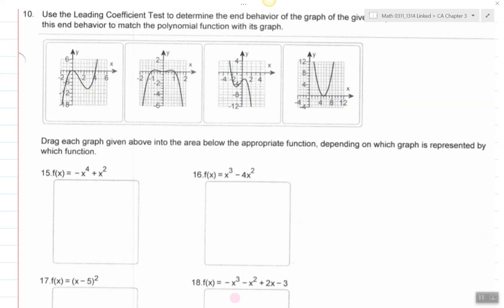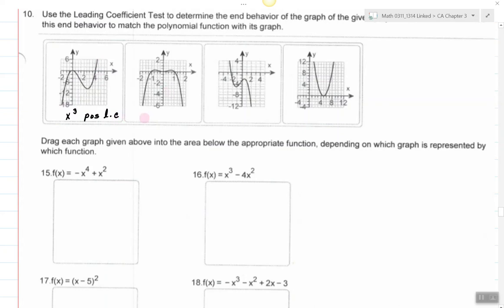So we're going to just do the leading coefficient test on this. This looks just like a nice third degree polynomial function. So we're going to have an x to the third. It goes down on the left and up on the right, so it's going to have a positive LC.